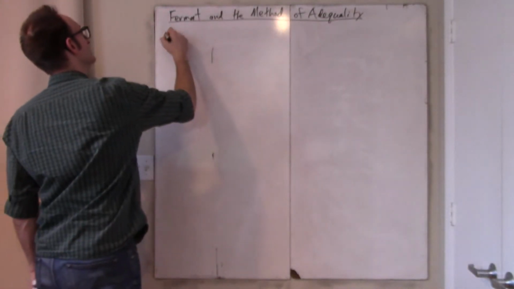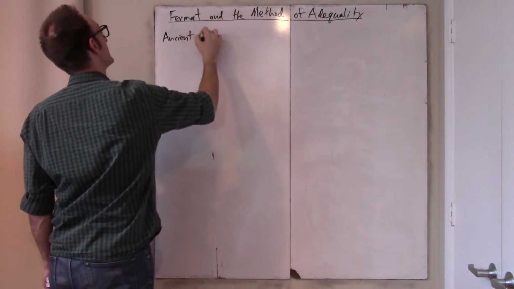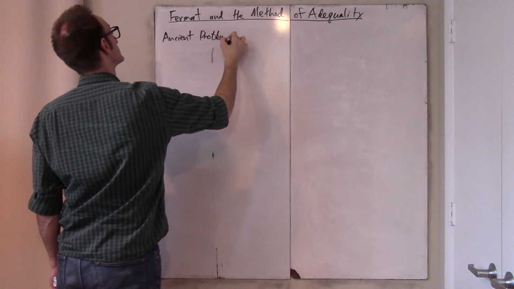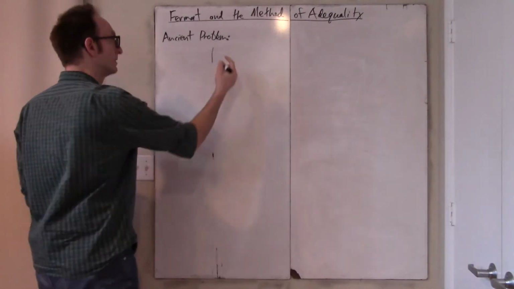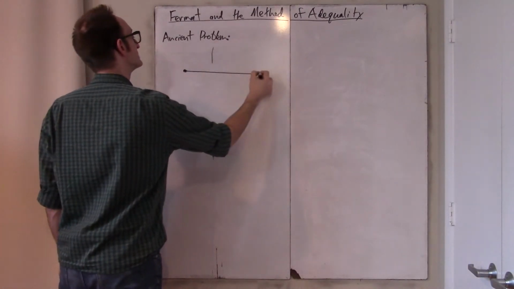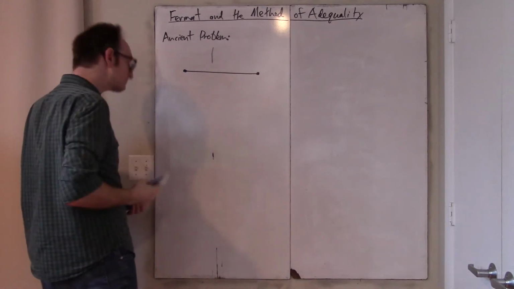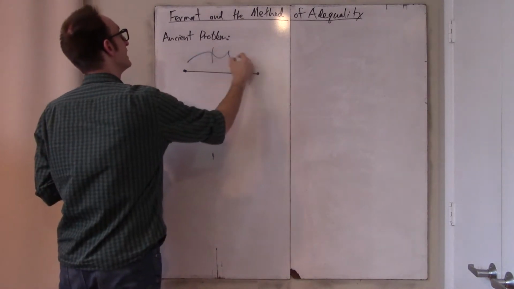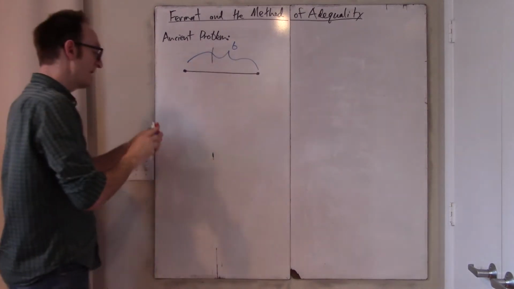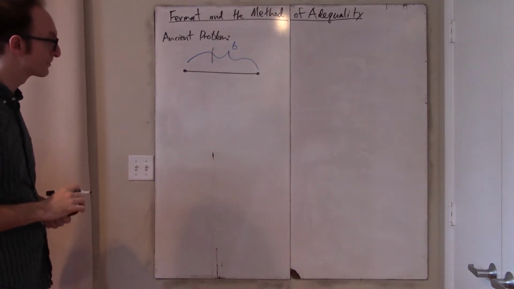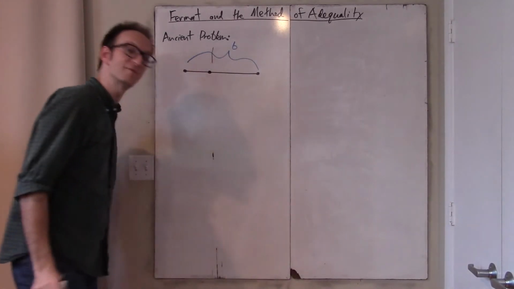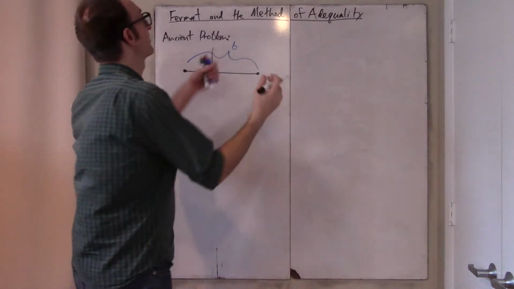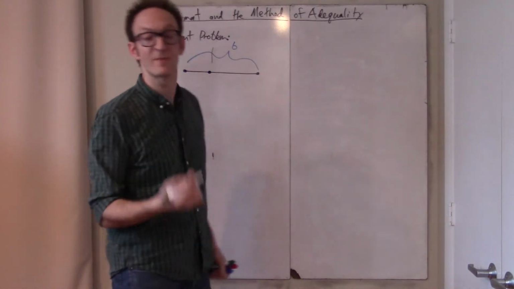First of all, there's this ancient problem, which was known to the ancient Greeks and totally solved by them. It's a geometric problem: given some segment of length b, divide the segment up into two pieces such that the product of the pieces is equal to some other segment, or rather some area.